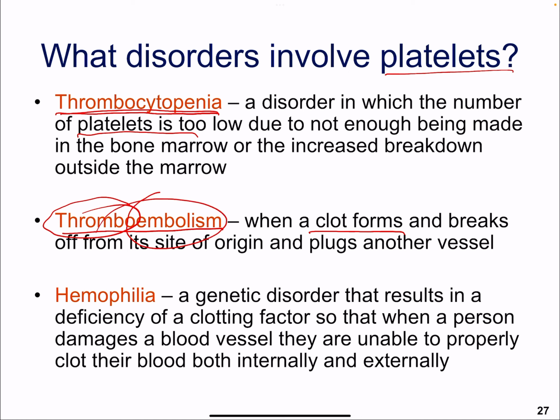Embolism is the move of that plaque from one place to another. Okay? Then we have hemophilia. Hemophilia is a genetic disorder that, when born with, causes someone to not be able to clot their blood because there is lack of some clotting factors.